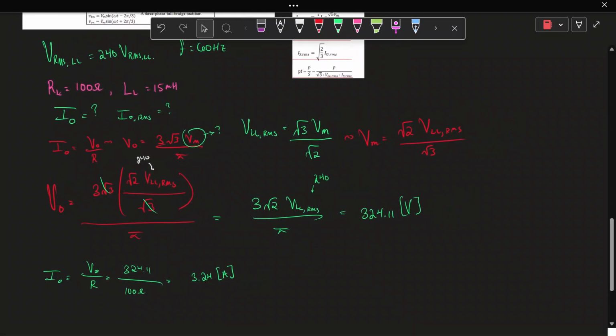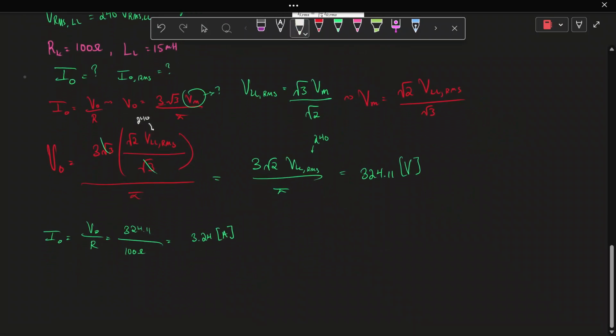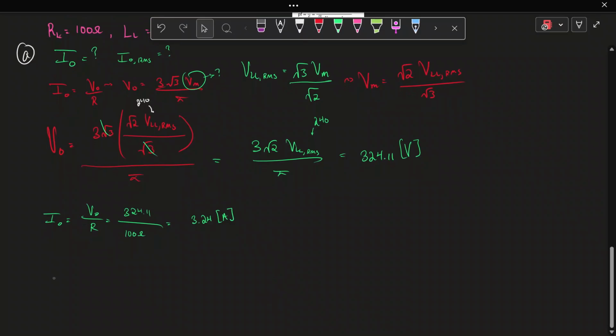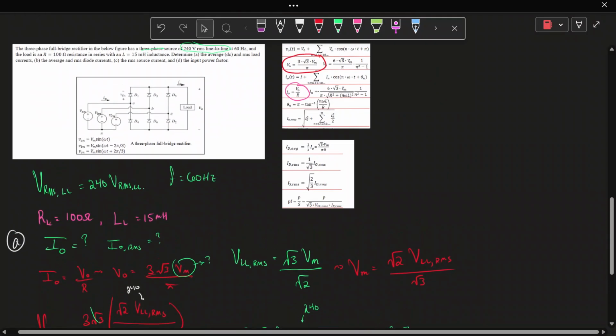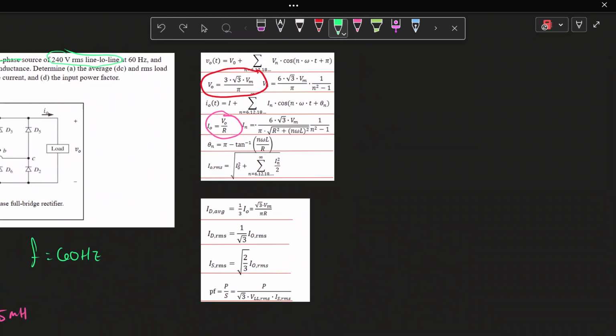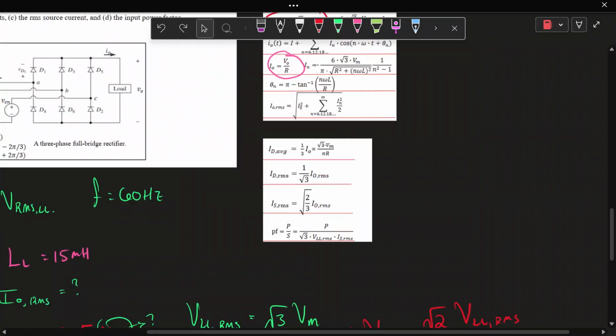Awesome. Now, we are not done with part A. Remember, this is all part A. We need to find the RMS load current, IORMS. We're going to notice, using the equation for RMS values right at the bottom of the first part, we have to square and add and then take the square root of the DC current, or the average current, and all the harmonics.